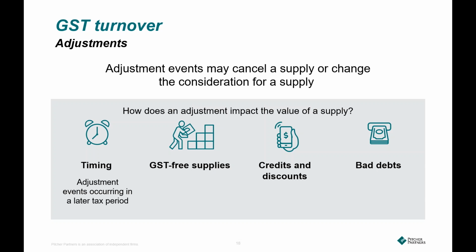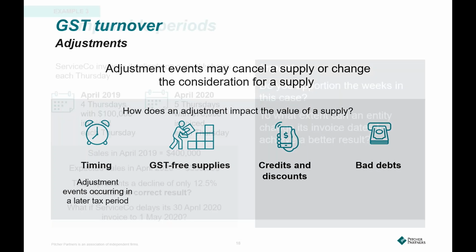Yes, you get the benefit of a bad debt adjustment, but technically, if you work through the legislation, it doesn't impact the value of the original supply. So that is an important difference between credits, discounts versus bad debts, and one that you will need to take into account when you are assessing your turnover for the relevant period.